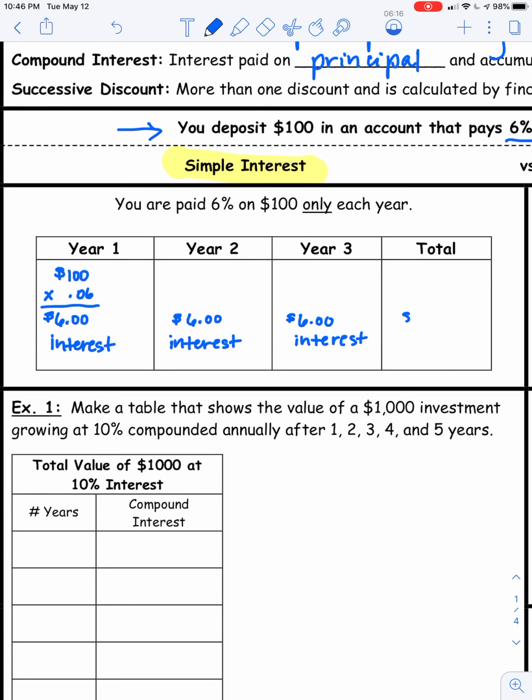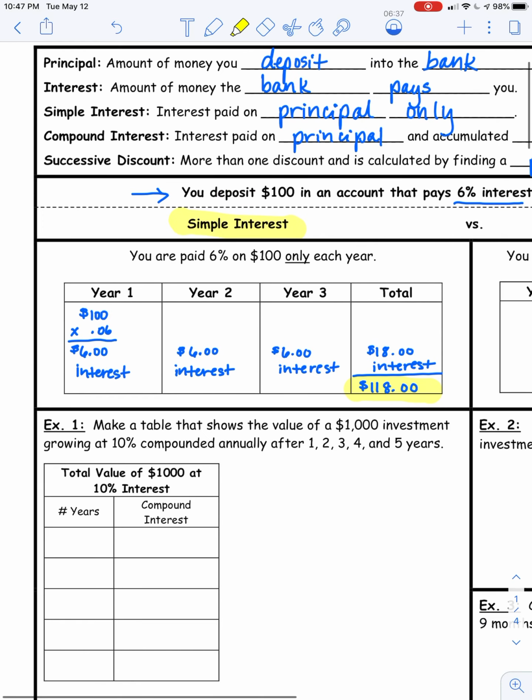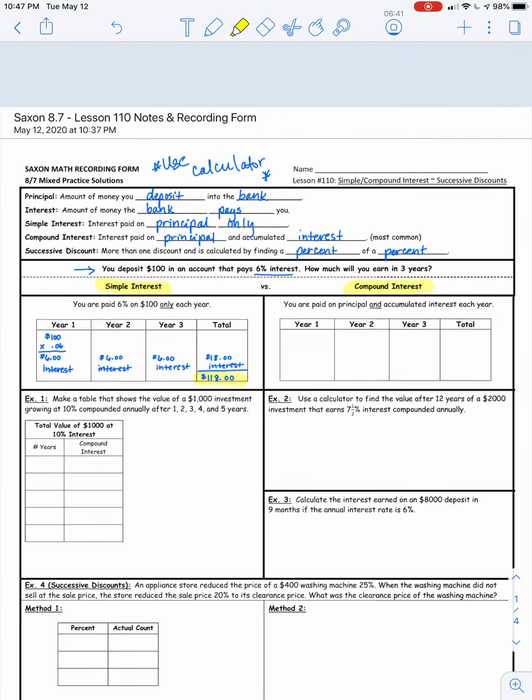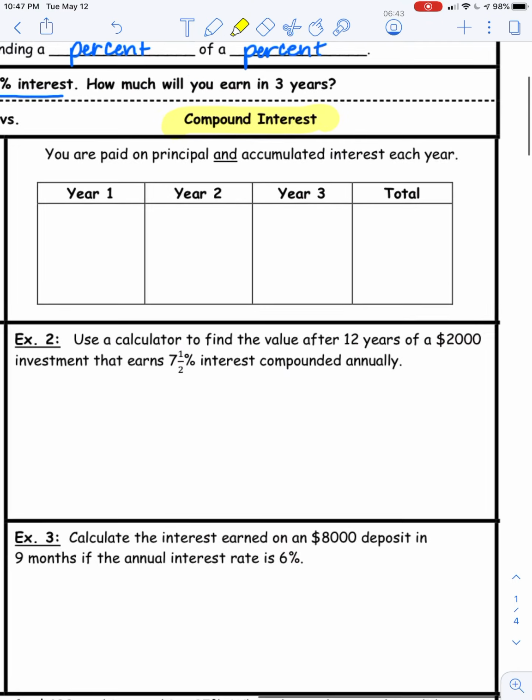What have you earned in interest? You have earned $18 in interest, and your total in your account, let's put a line right here, is $118. That's your simple interest, the balance in your account after 3 years' time, provided your $100 has sat in that account for those full 3 years.